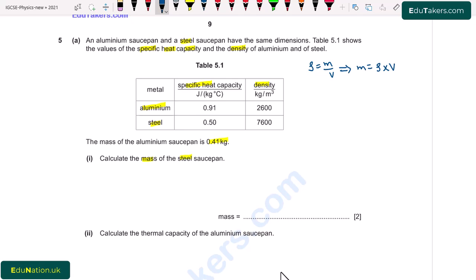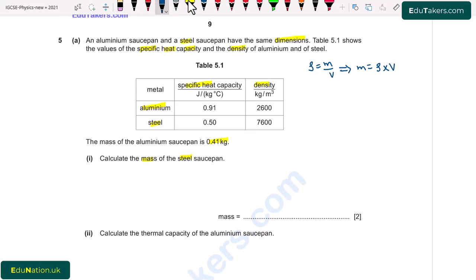So in the question part A, we can see that the aluminium saucepan and steel saucepan both have the same dimension. It means that the volume of the steel saucepan and aluminium saucepan will be the same.